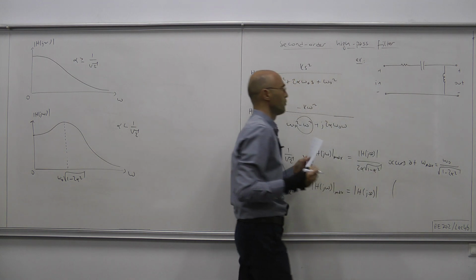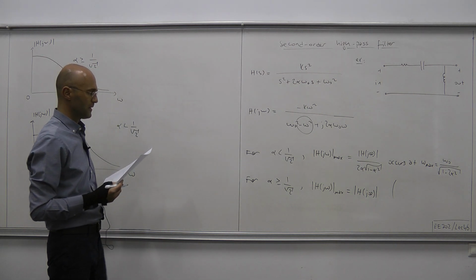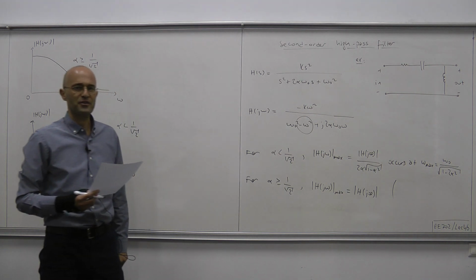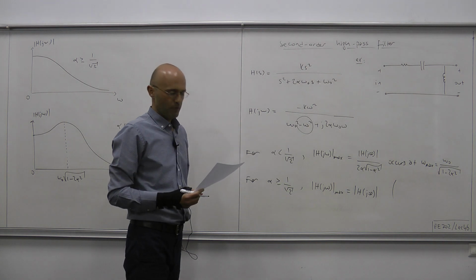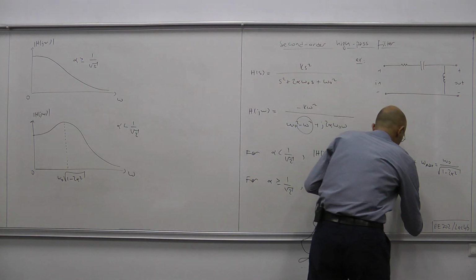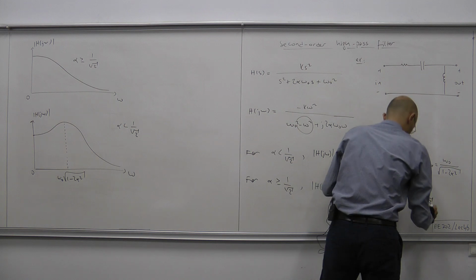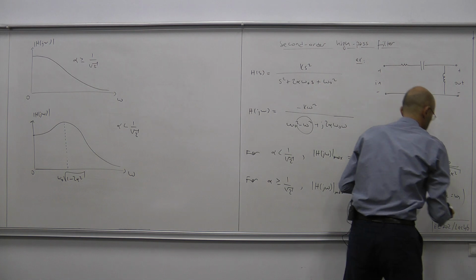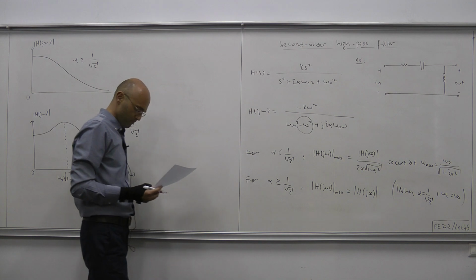And as with the second order low pass filter, when alpha equals 1 over square root of 2, omega 0 once again becomes equal to the cutoff frequency. So the cutoff frequency equals the transfer function parameter omega 0.